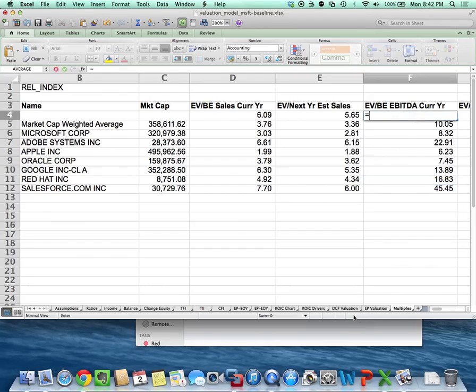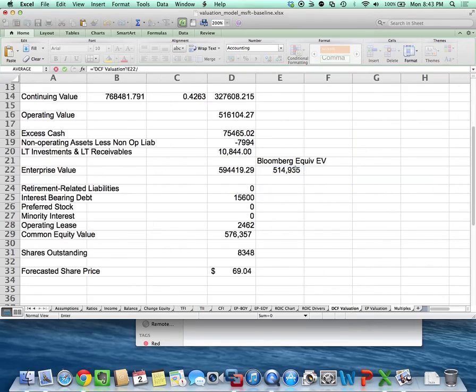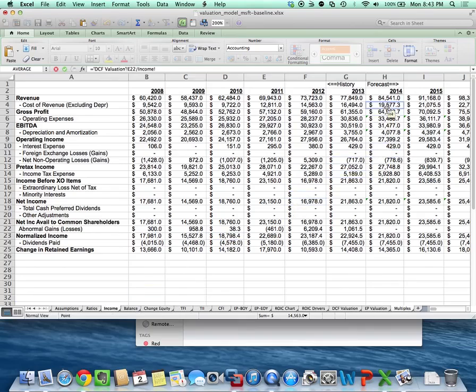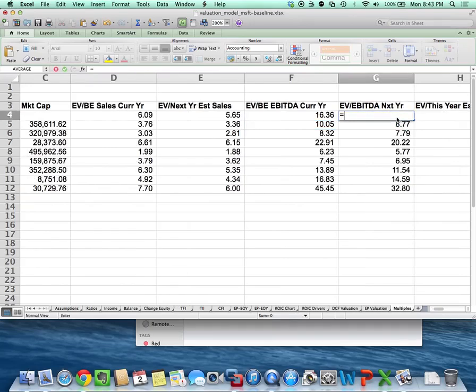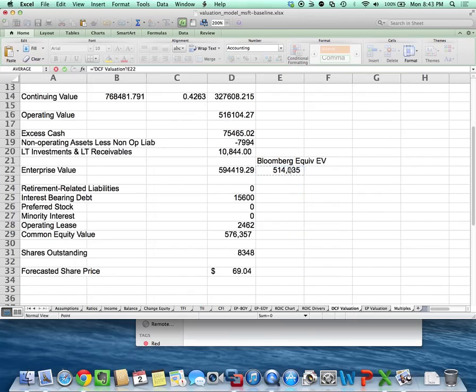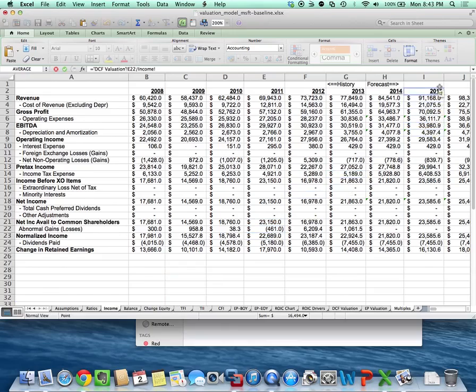Enterprise value to EBITDA: income 2014 forecasted EBITDA, which is row 7. Row 8 equals, where is this? EV divided by 2015 EBITDA.